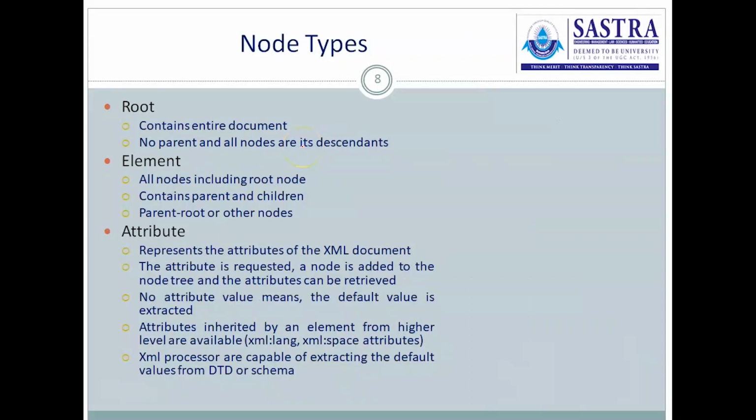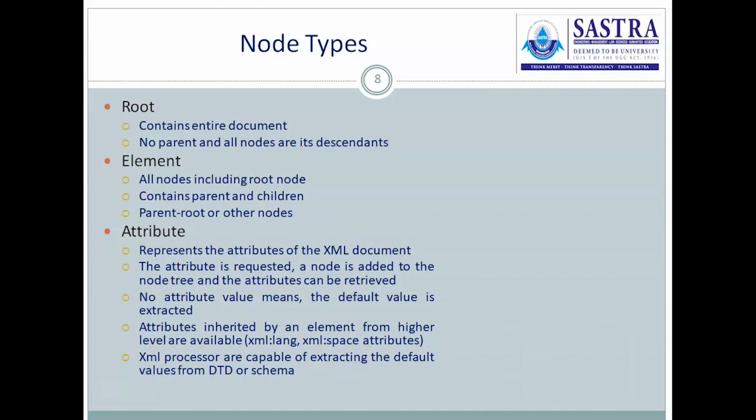We will see them one by one. All node types we will discuss now. First one, root node type. The very first element in the XML document is available in the root node type. So, the very first element is converted into the root node. It contains the entire document, all of the document available within this root.